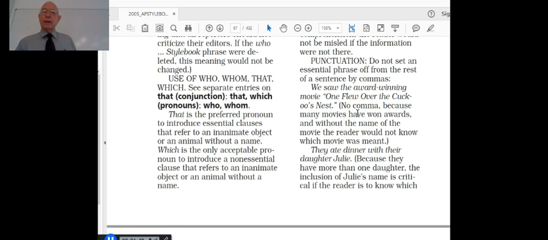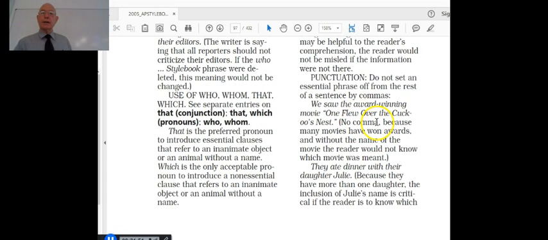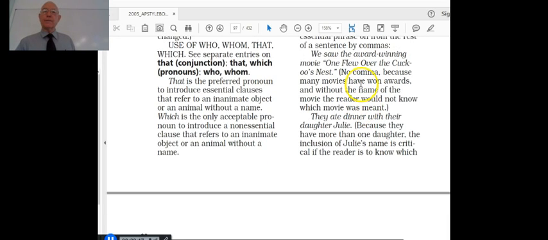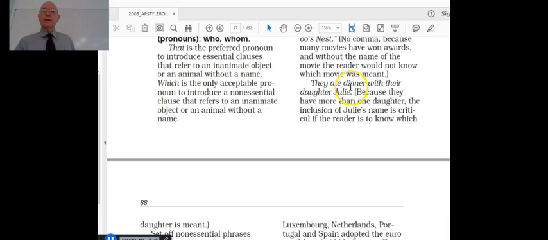I guess you could say the phrase could be the entire award-winning movie. In other words, you could simplify the sentence to: we saw One Flew Over the Cuckoo's Nest. As it says, no comma, because many movies have won awards, and without the name of the movie, the reader would not know which movie was meant. So they're basically saying this is more essential.